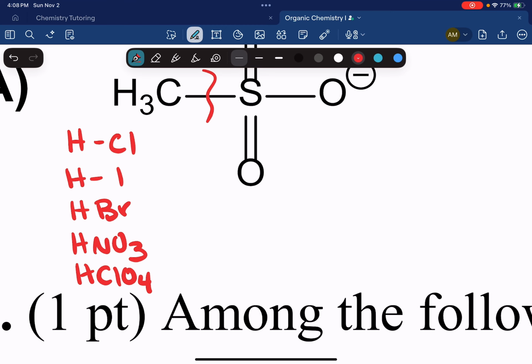That's 1, 2, 3, 4, 5. What am I missing? HClO3, I think, is also one. And then H2SO4.